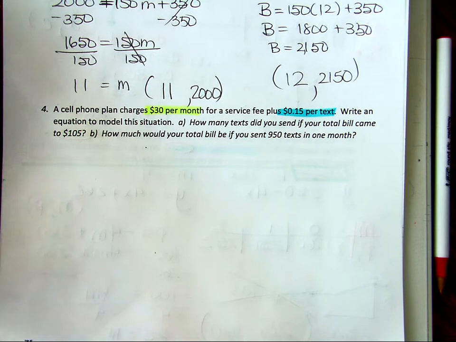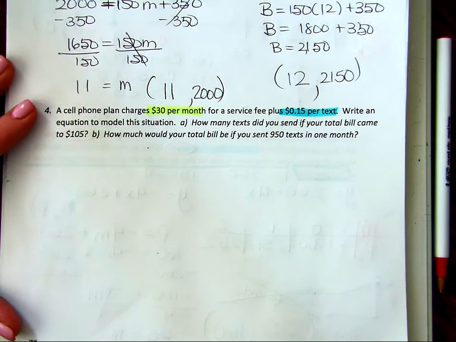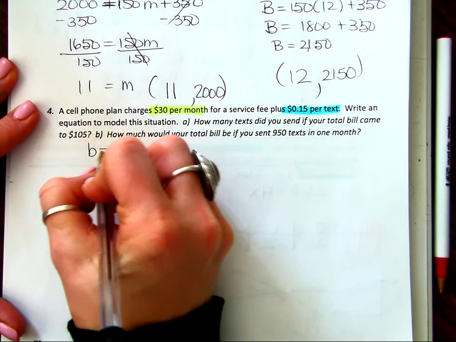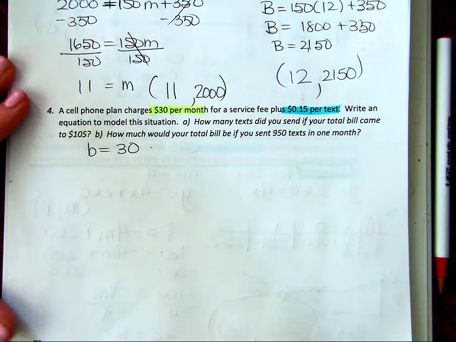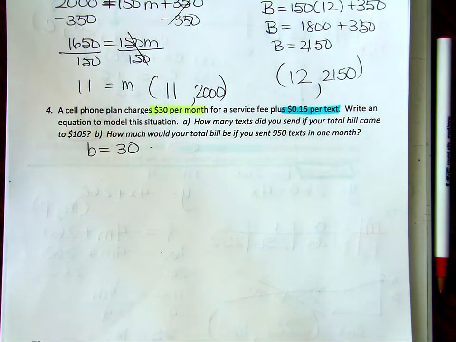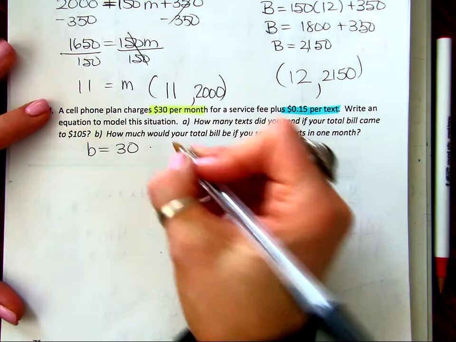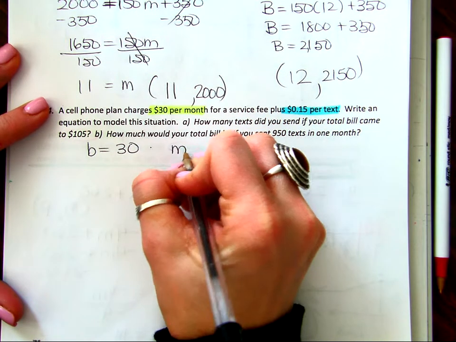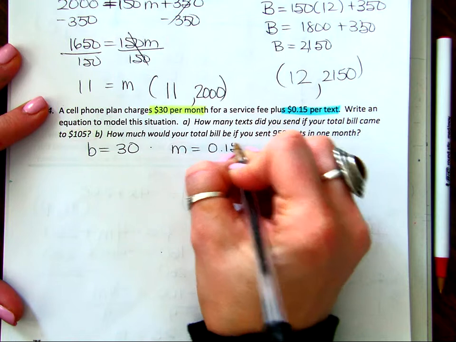So here's the cell phone plan. The starting fee is $30. You owe Sprint or T-Mobile or whatever $30 even if you send 0 texts, right? Because that's the fee that they charge you every month just to hook you up to the towers and make sure your phone works. For every text you send, you owe them an additional 15 cents.